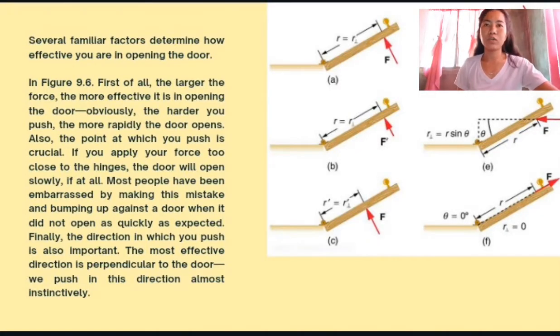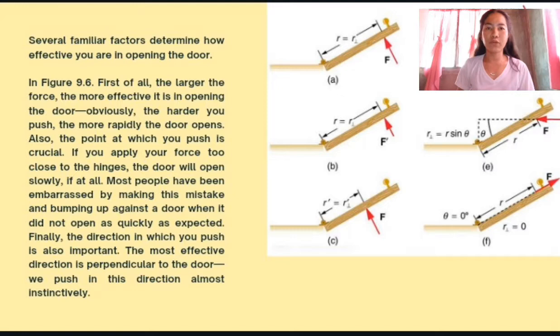So, for example, there are several factors determining how effective a force is in opening the door. In this figure, the larger the force, the more effective it is in opening the door. Obviously, the harder you push, the more rapidly the door opens. Also, the point at which you push is crucial.